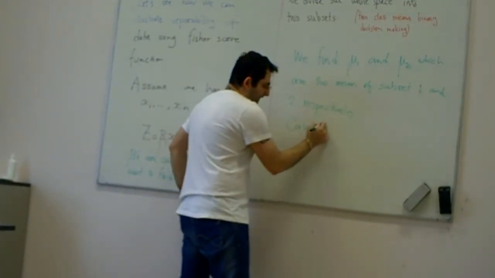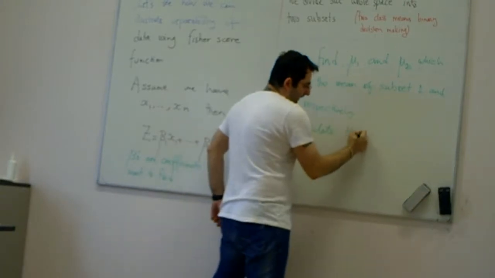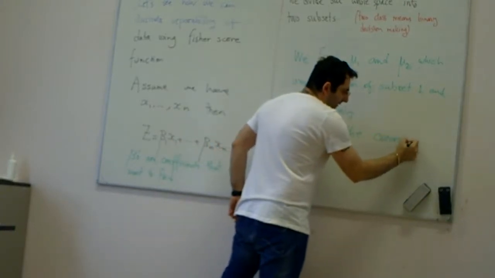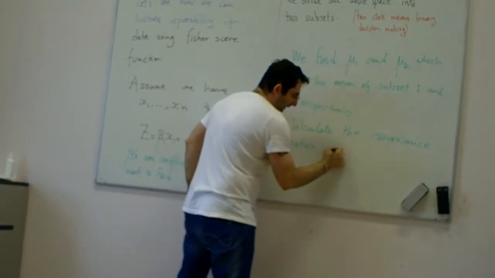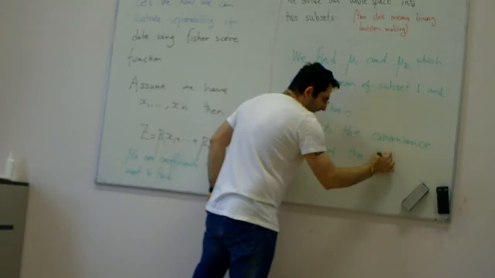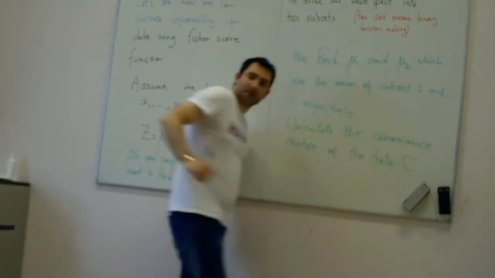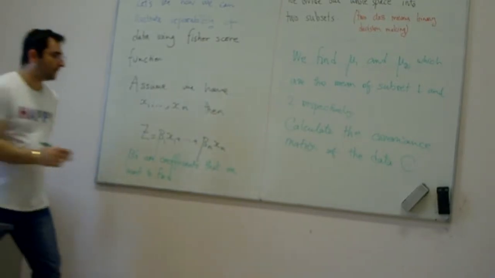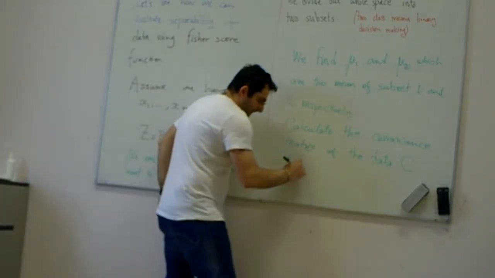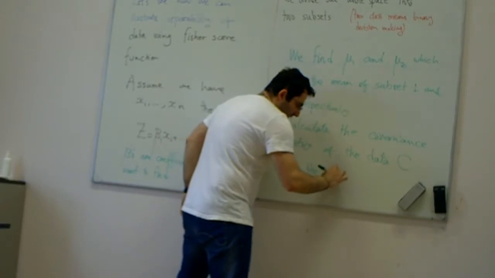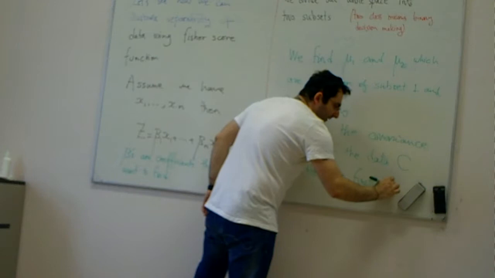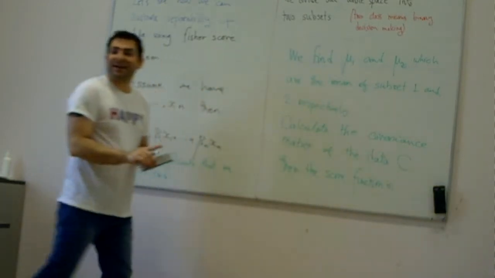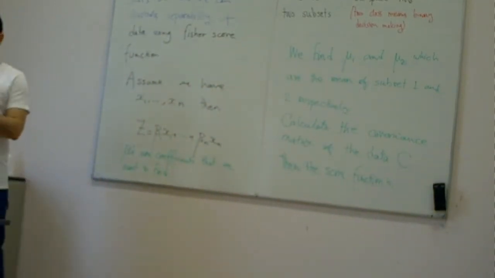Calculate the covariance matrix of the data, called C. Then the score function is, now C is the covariance of the whole data.